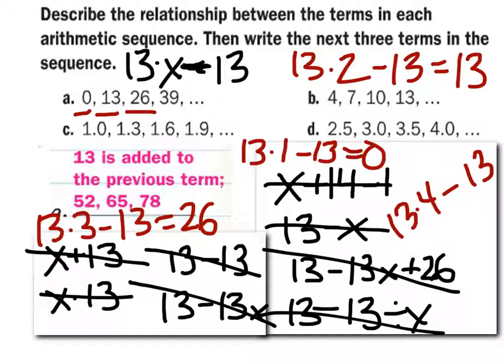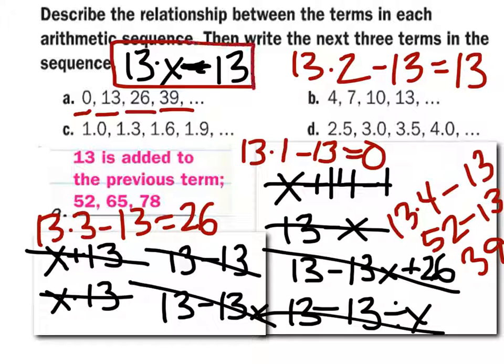That'd be 52 minus 13, 39. It is 39. Does this expression work? Yeah, it looks like it does. Good job, Heidi.